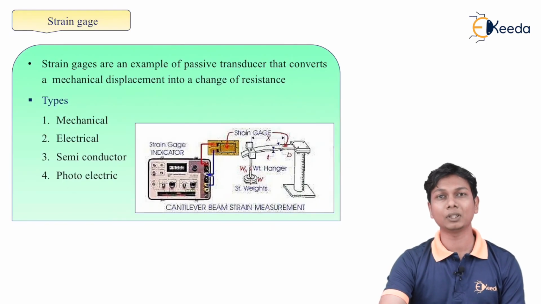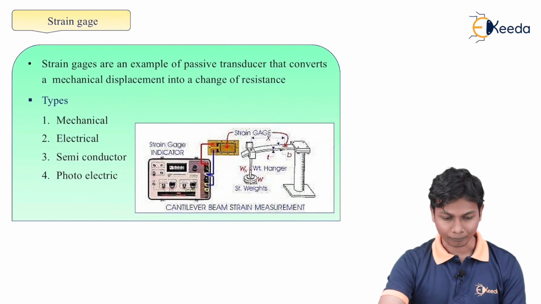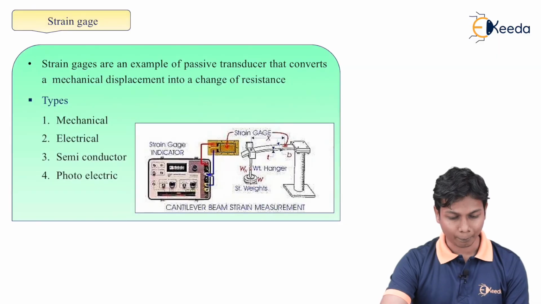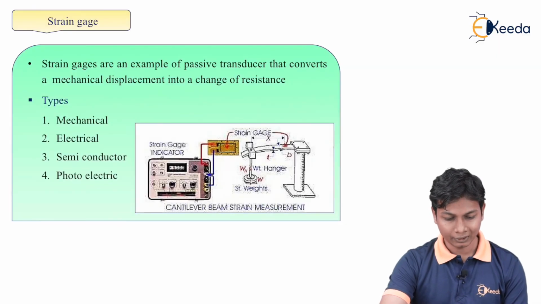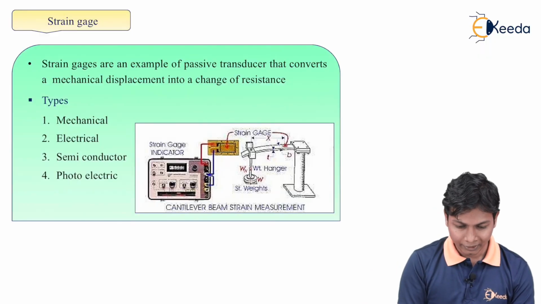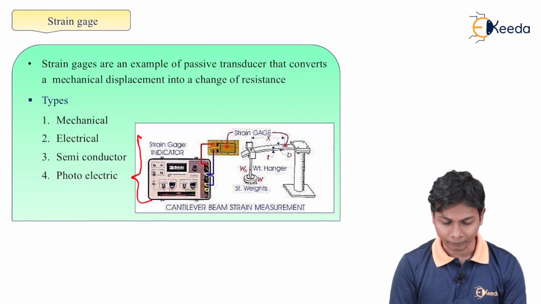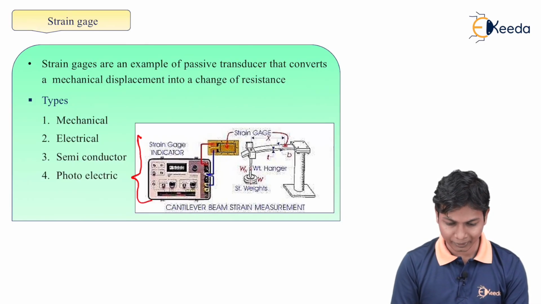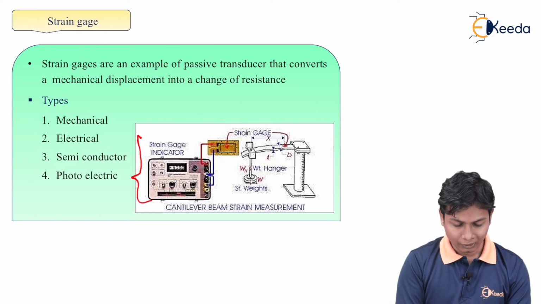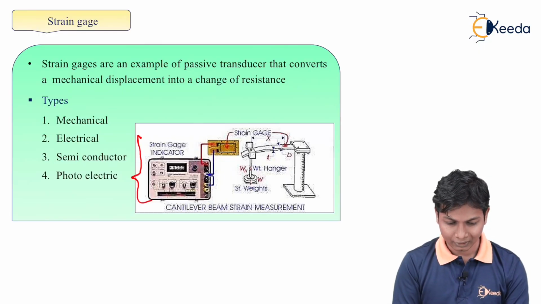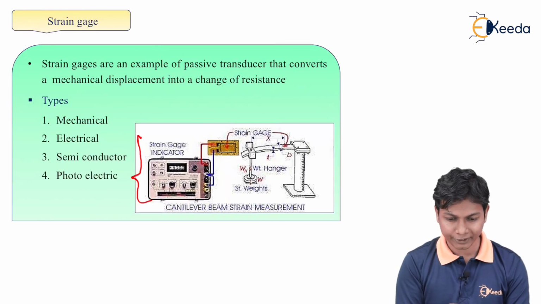So depending upon the type of displacement, it is changed into resistance. The types are mechanical, electrical, semiconductor, or photoelectric. See here is a strain gauge indicator, where the strain gauge is present, and depending upon the type, whether it is mechanical, electric, semiconductor or photoelectric, it changes into resistance.